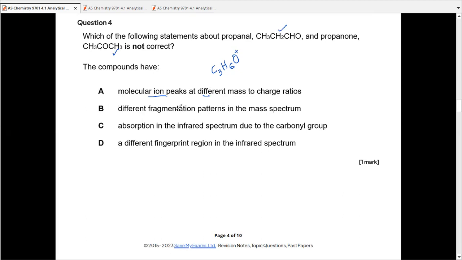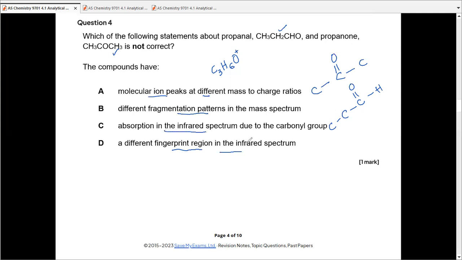The rest are fine. Notice they will have different fragmentation patterns, of course. One of them acts like this and this, the other one acts like this and this. And since they have different fragmentation patterns, they will have a different fingerprint region. One of them is an aldehyde, one of them is a ketone, right?